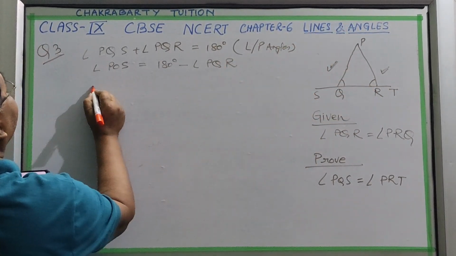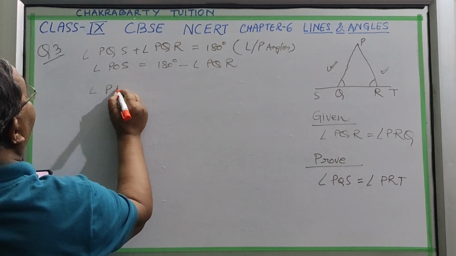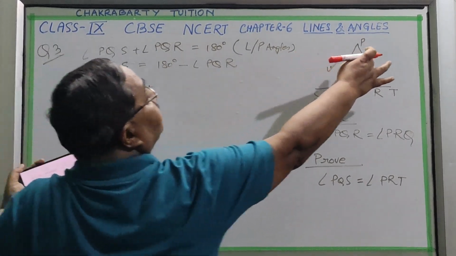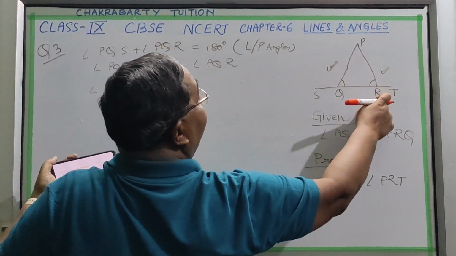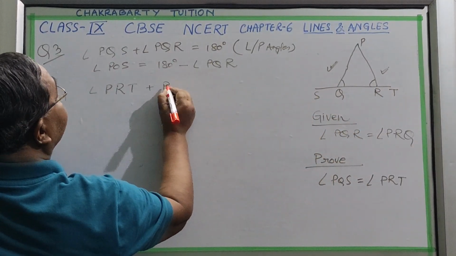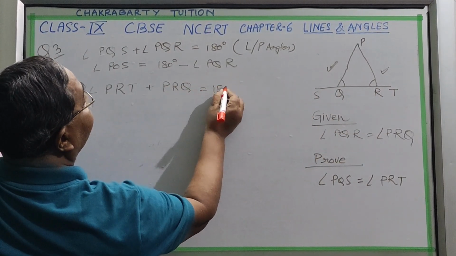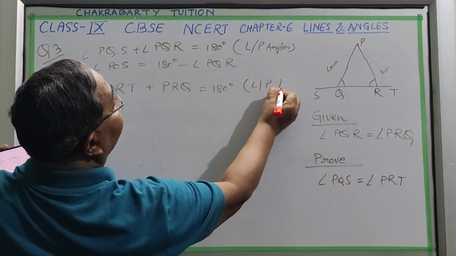Okay, similarly that side, the outer angle PRT plus this angle PRQ will be 180 degrees, linear pair angles.